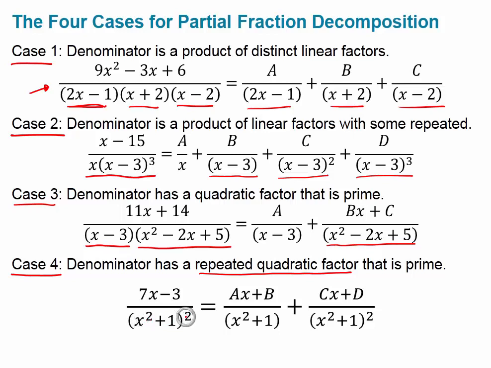To the second power, I need to represent every power of that. So here it is to the first power, and since it is a quadratic, I'll get ax plus b, and then here it is to the second power, and then I will get cx plus d. Notice I want to make sure I change these values, c and d, same format as this first one, but these are different values above this one that's squared. And so that's what we do to set these up.